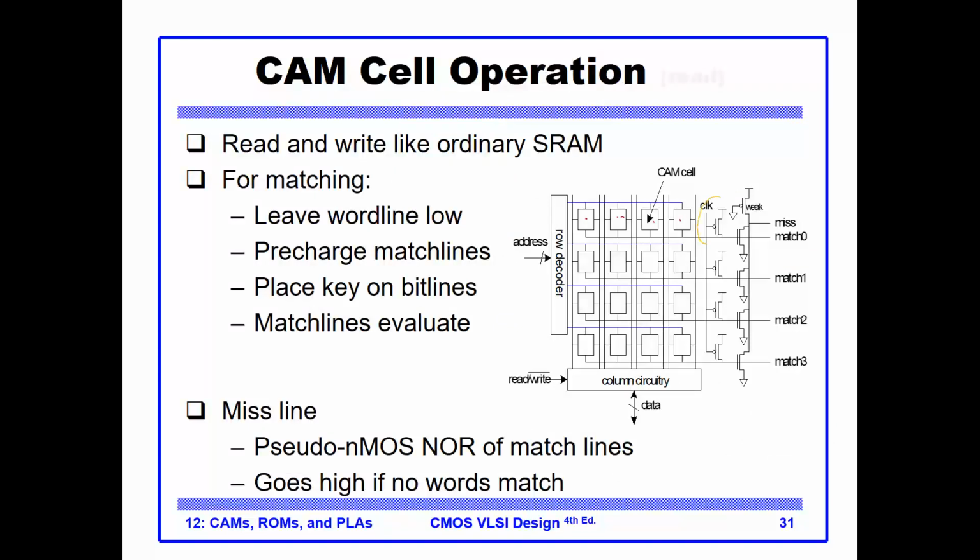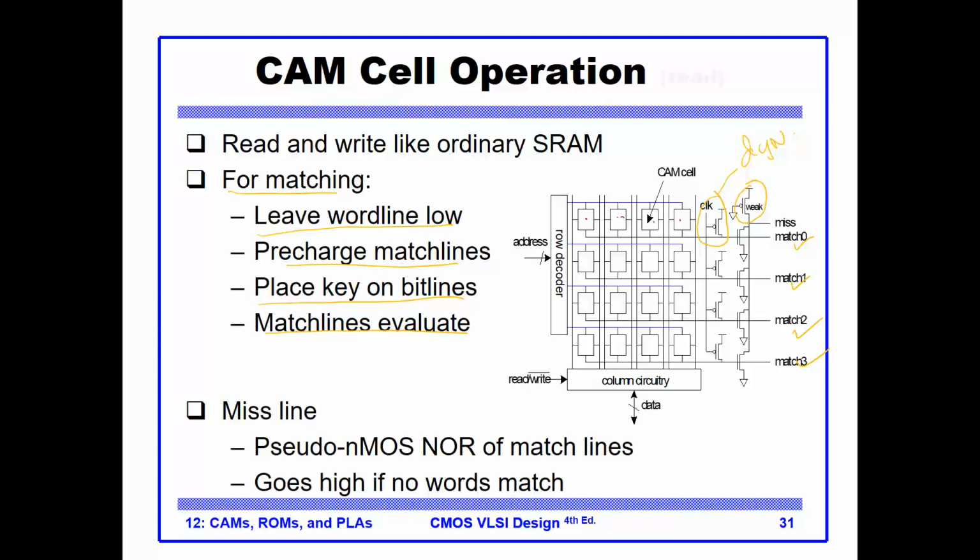The matching circuit is a dynamic circuit because of this clock, and the miss circuit is a pseudo-NMOS, all for speed and size considerations. For the matching, we leave the word line low, we pre-charge these match lines, which are dynamic circuits, and then we place the key on the bit lines, and the match evaluates within the cells.